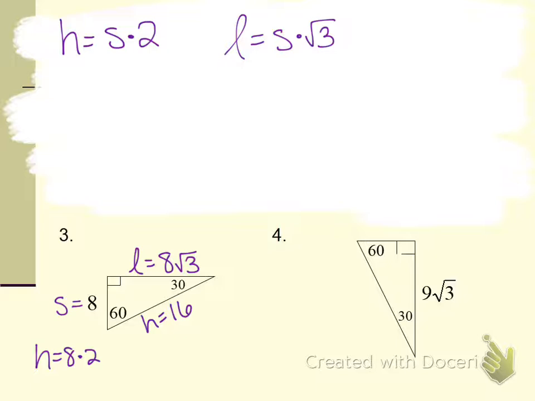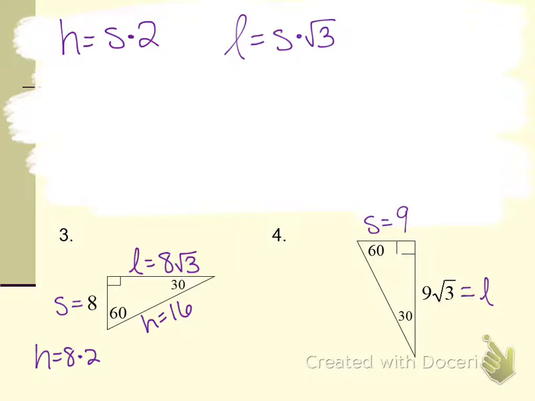Okay. On number 4, which side did they give us? They gave us the long side. Which side should we find first? The short one. Always go for the short one first. Did anybody figure it out? It's 9.